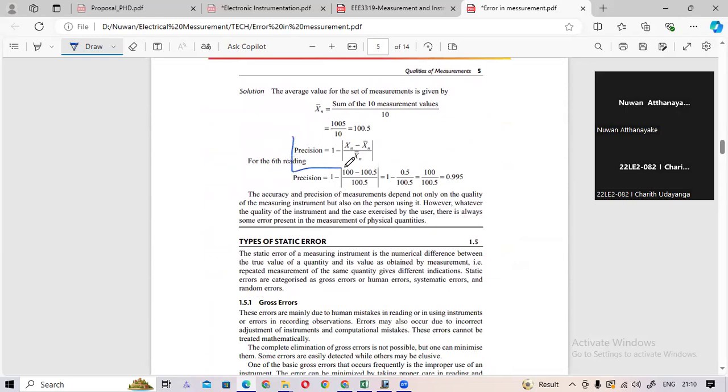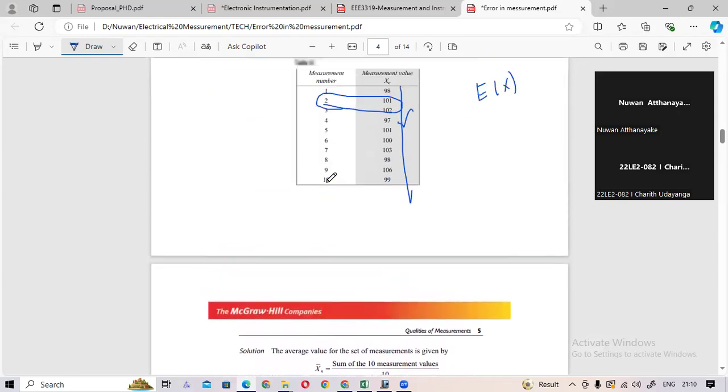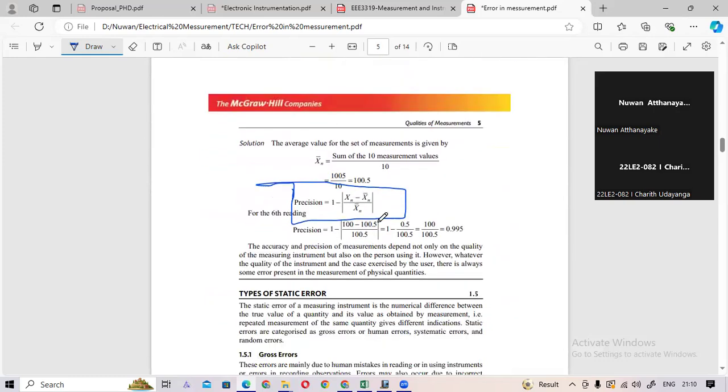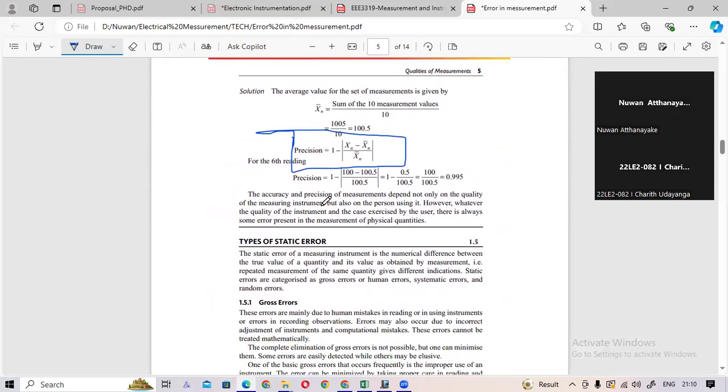You can see that precision is also related with error and accuracy. It is just like the accuracy, the same equation is there, but this is referred to some specific measurement. This precision is always referred to a specific measurement, not the general measurement. For a specific measurement, we take the precision.